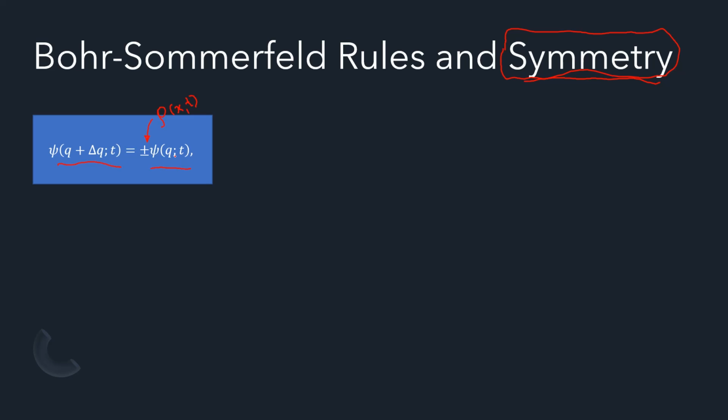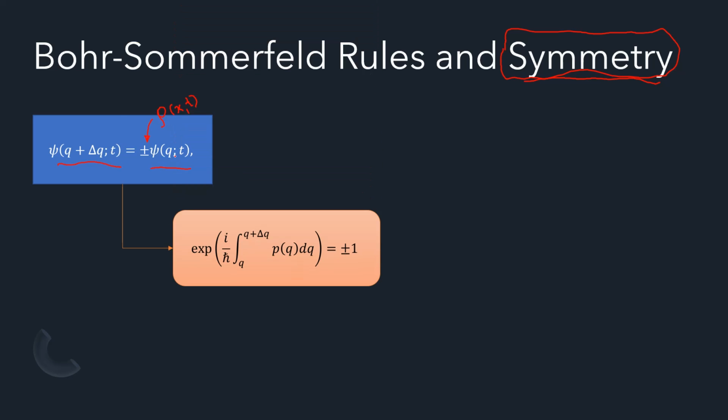So if this is true, and if we have that kernel connecting the function psi in two points, we then must have this kernel equal to minus or plus 1.